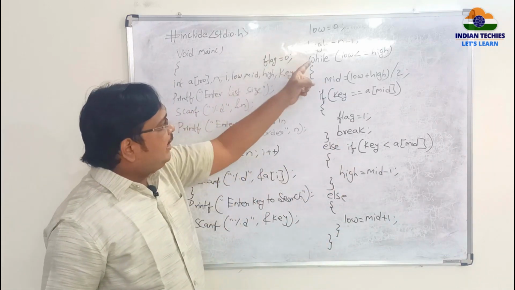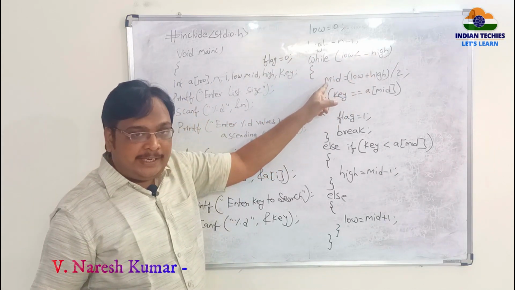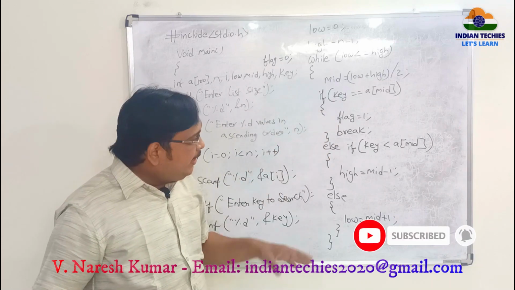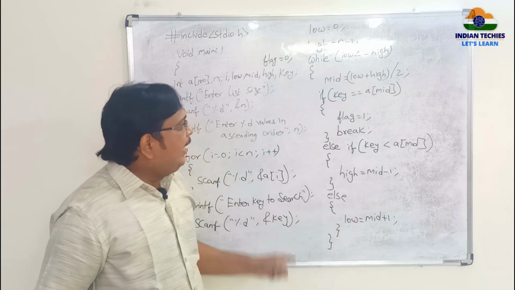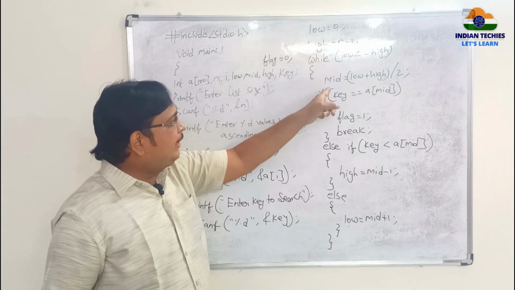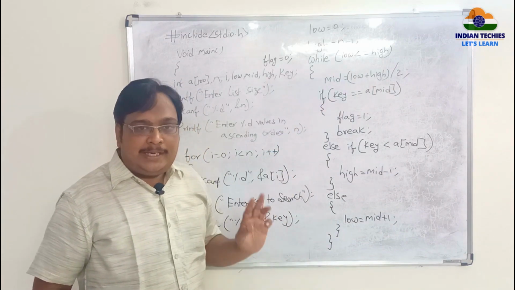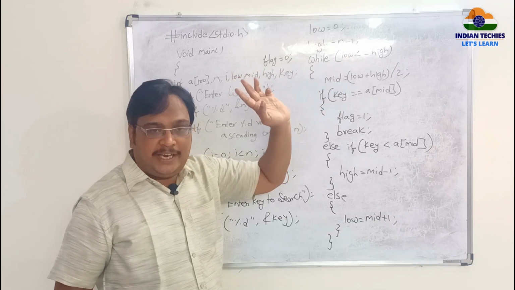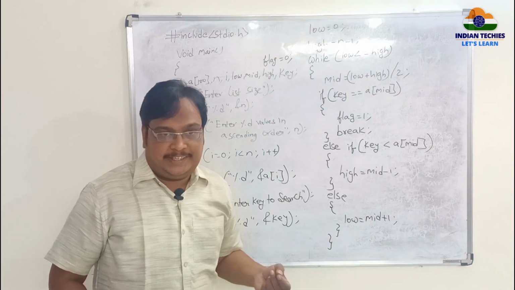Again loop goes starting, and with this new low high values, again new mid value will be calculated. Again comparison runs. Element is found, stops. Element is not found, new high value or new low value will be set. Again goes to the starting of the loop, again calculates with new mid. This process continues until element is found or until low less than or equal to high condition becomes false. Is it clear?